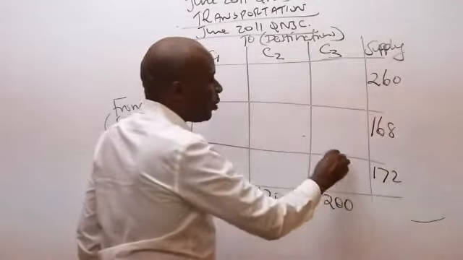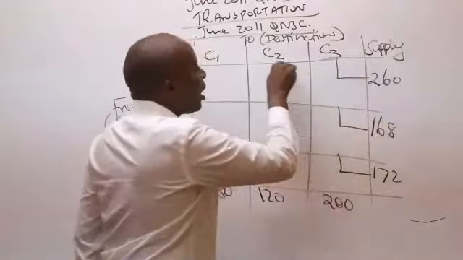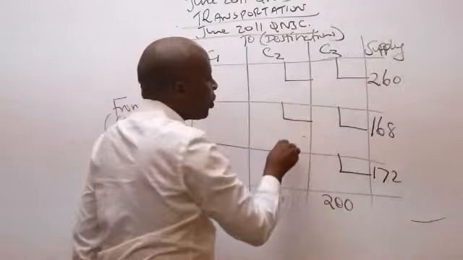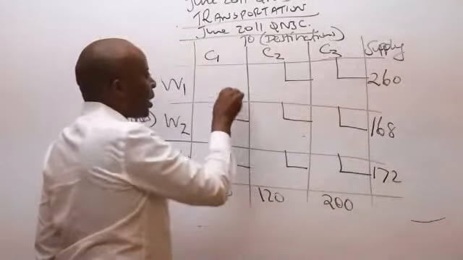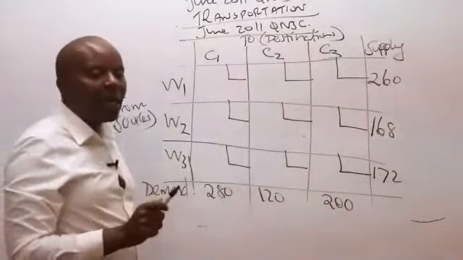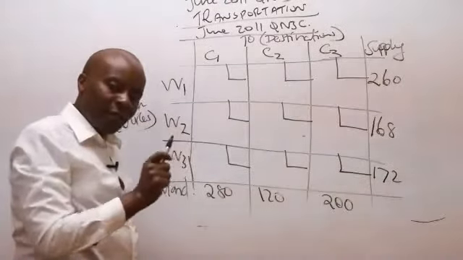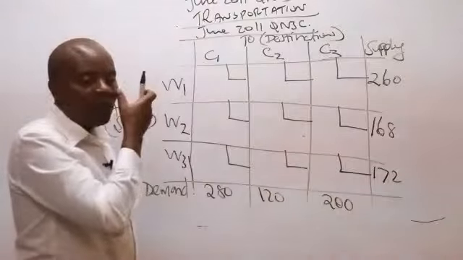Then, if it's a question of transportation, I must put what we call suspended cells. These suspended cells are the ones that will contain my CIJs, my transportation cost per unit.